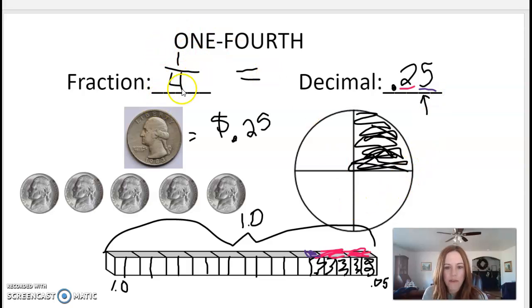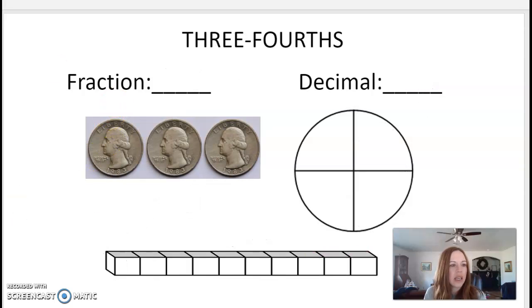So we can say that 1/4 is the same as 25 hundredths. Remember, don't forget to think about our quarter. Because once we understand that 1/4 is the same as 25 hundredths, then this next one should be pretty simple. Our next one is 3/4.